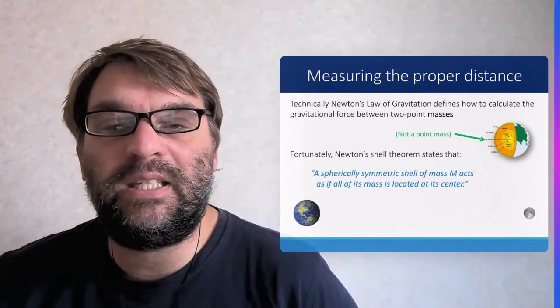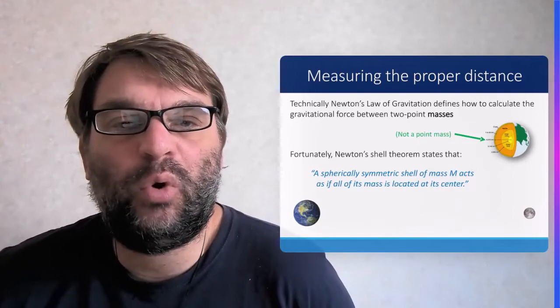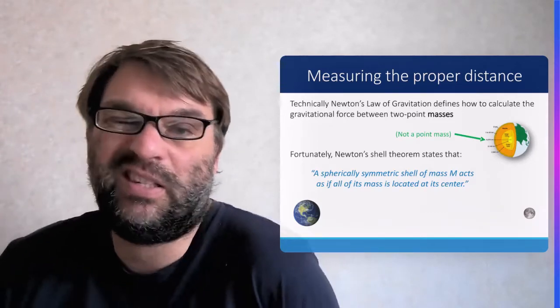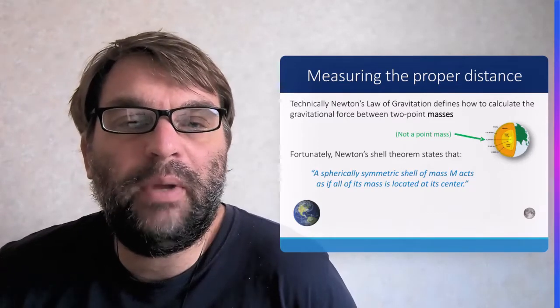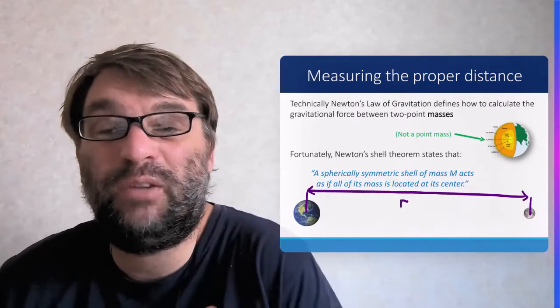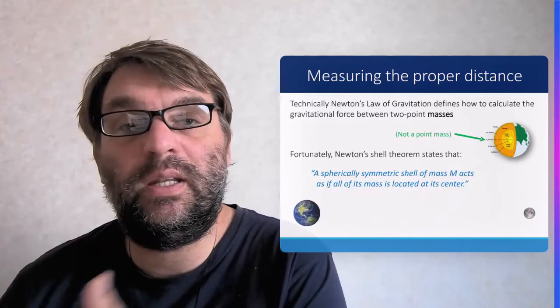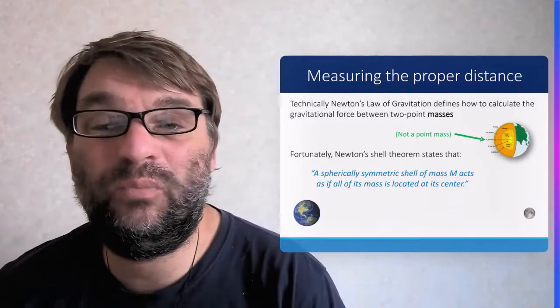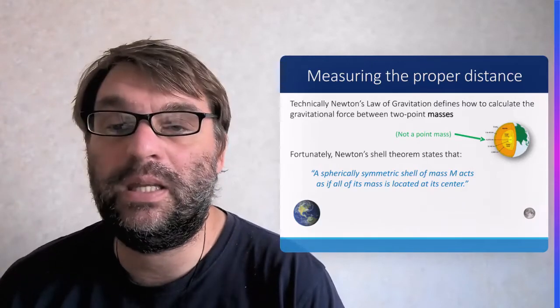But we'll make an assumption that for a spherically symmetrical shell of a certain mass, like a sun or a planet, it will act as if the mass is located at the center. It's the same for you as well. We make the assumption that the mass is located at the center of mass, which kind of makes sense.